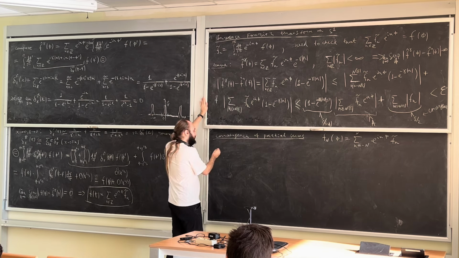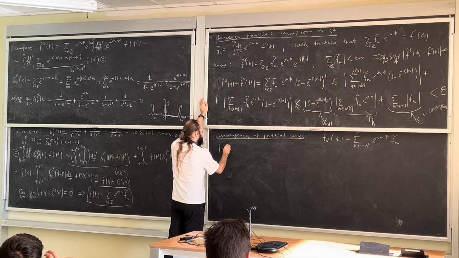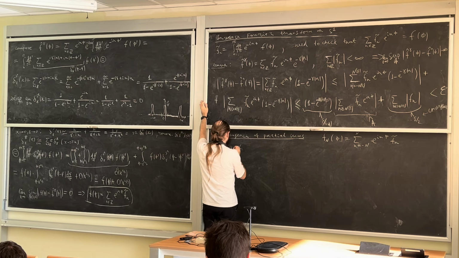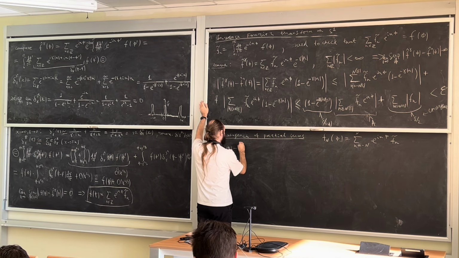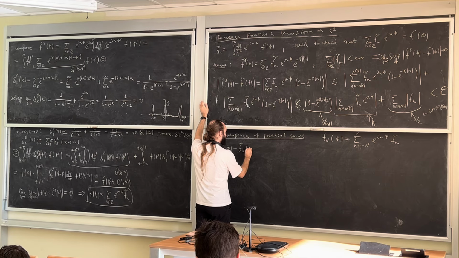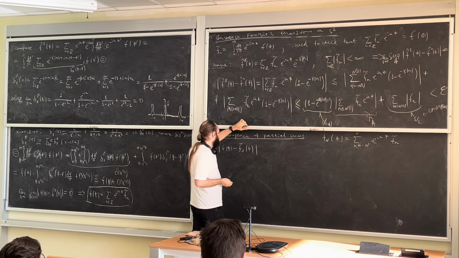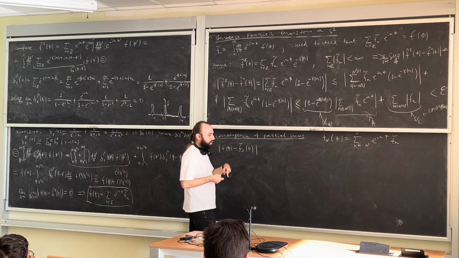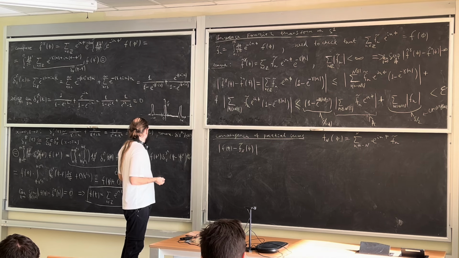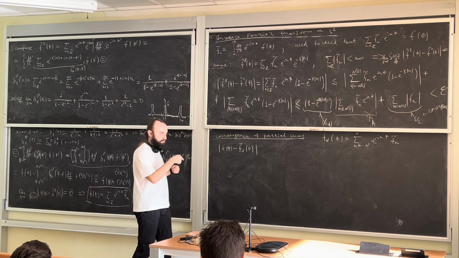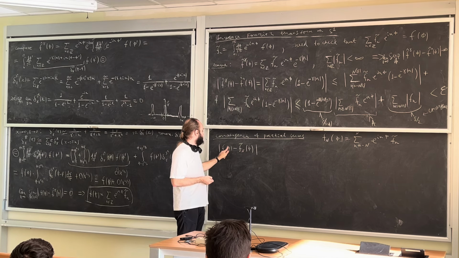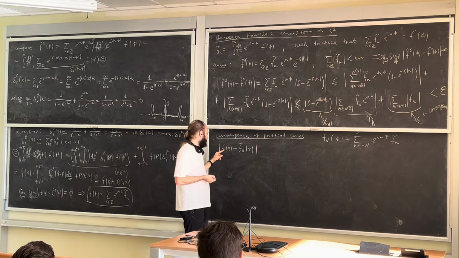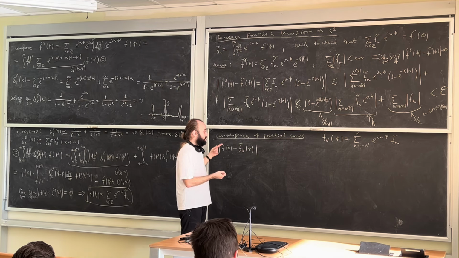We can compute the difference of f of phi minus f n tilde of phi. We know that the full sum will give us our function pointwise, and we want to compare this difference with a partial sum.